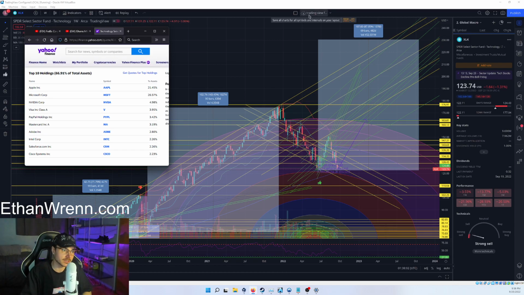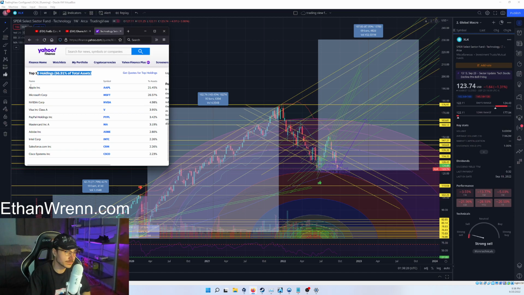So here's a list of the top 10 holdings in the XLK, which represents about 67% of its overall holdings. I like this little piece of information. It would also be nice if they would just show us all the holdings on yahoo.com, but I digress.